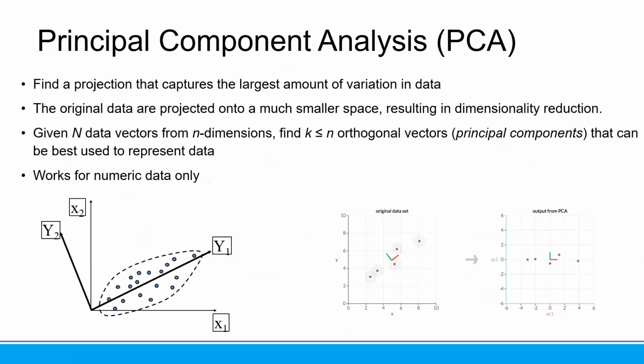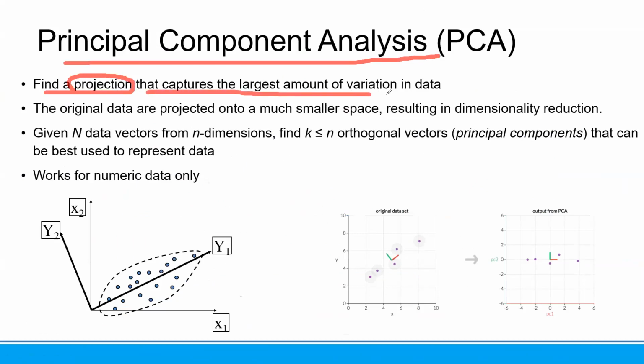The other data reduction method for the dimensionality reduction, we call it PCA, Principal Component Analysis. We want to find a projection. Okay, the keyword is projection that captures the largest amount of variation in data.